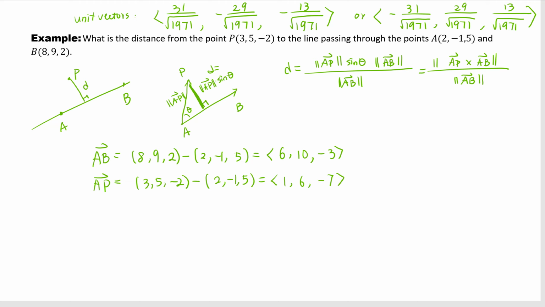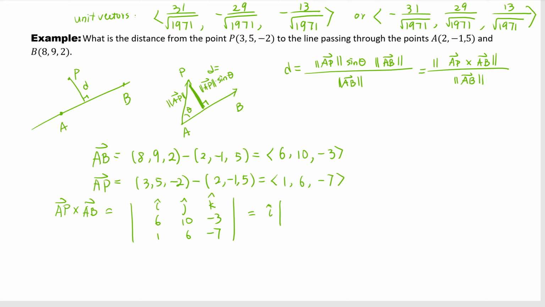Alright, and then what do we do? We compute the cross product. So AP cross AB. You can also do AB cross AP, because we're looking at the length of it, so the answer will be the same. Okay, so this is i, j, k, 6, 10, minus 3, 1, 6, minus 7.